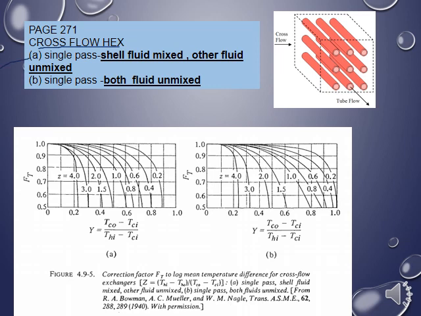Chart A refers to one fluid mixed and the other unmixed, and chart B is for the cross flow heat exchanger with both fluids unmixed. Again, make sure that you use the correct chart according to the type of heat exchanger mentioned in the question.